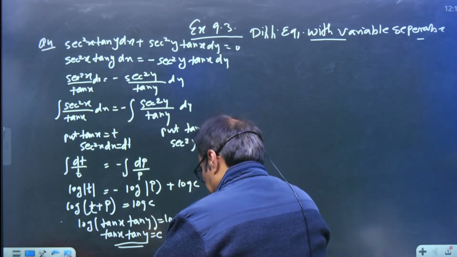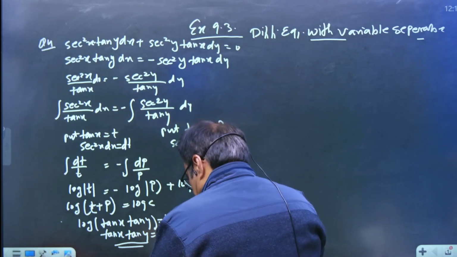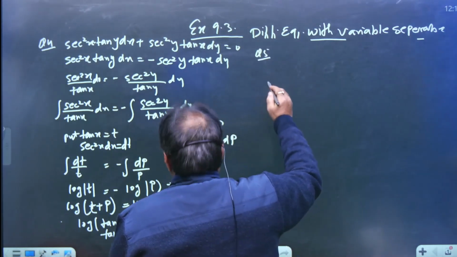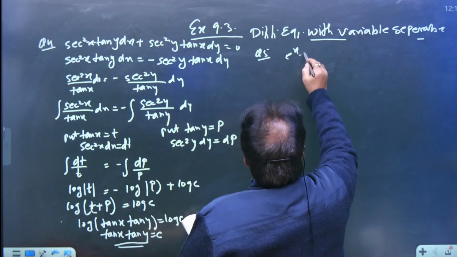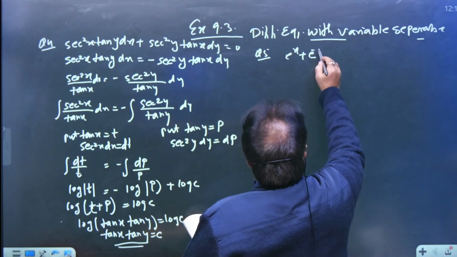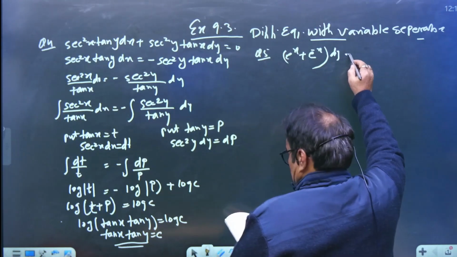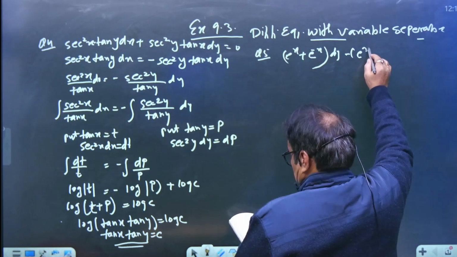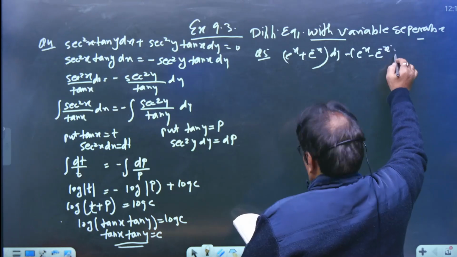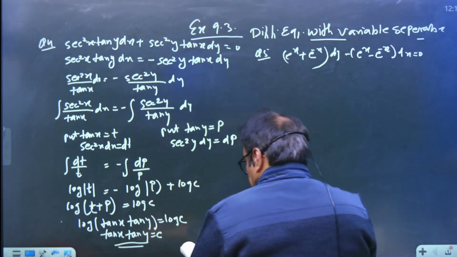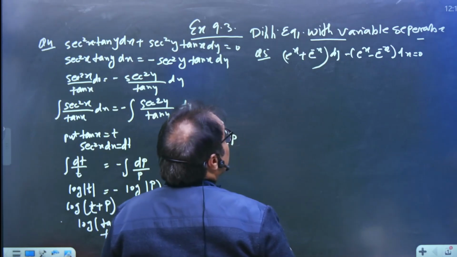Question number 5 is e to the power x plus e to the power minus x dy minus e to the power x minus e to the power minus x dx is equal to 0. This is the question, and this is the simple one.